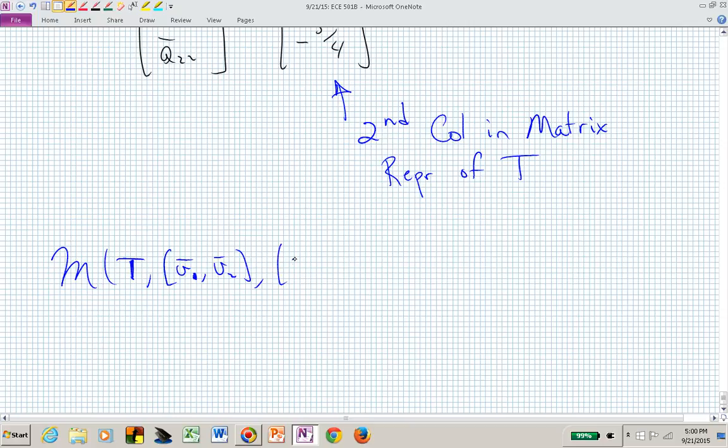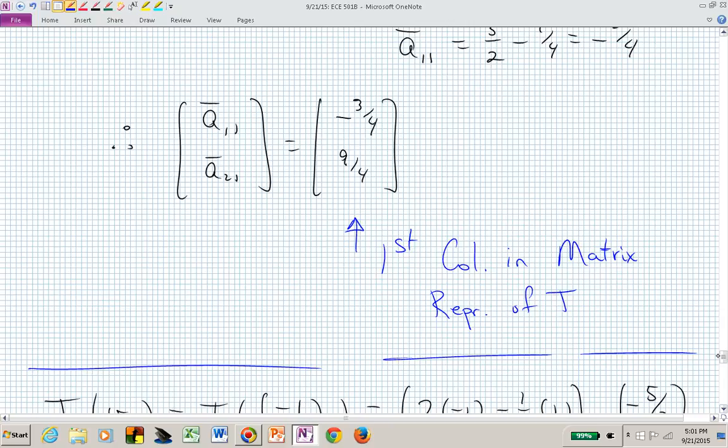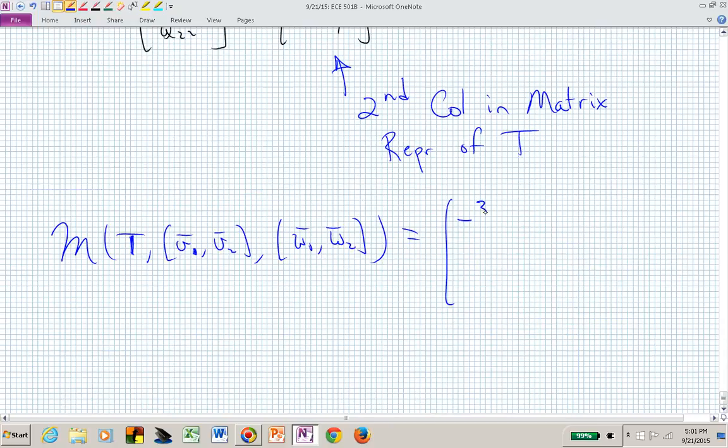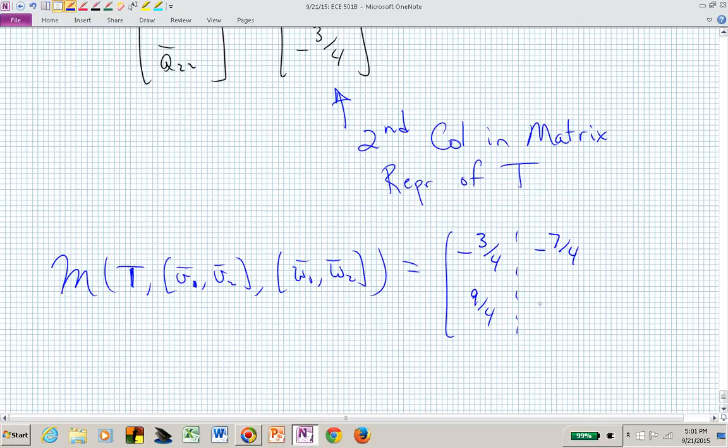The codomain was W1 bar, W2 bar. The first column was minus 3/4, 9/4. And the second column was minus 7/4, minus 3/4.